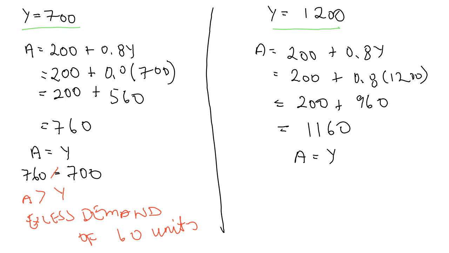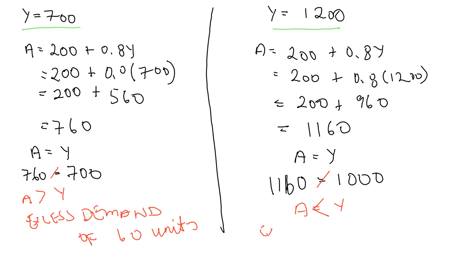income or production. And the question that we obviously have is, does 1,160 equal 1,200? And we'll realize that, wait a second, no, that is definitely not it. So as a result, what we end up seeing is that your aggregate spending is less than your income or production.